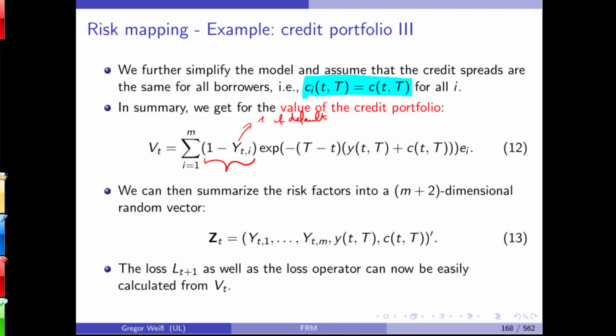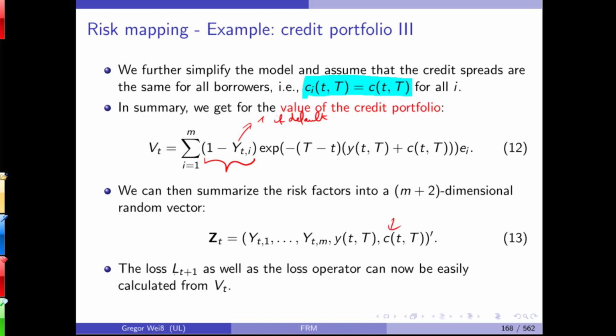And then we can summarize the risk factors into an n plus 2-dimensional random vector. We now have which random factors? The default indicators, aka the default probabilities for all borrowers, the risk-free rate, the yield on the zero coupon risk-free bond, and the unique and equal credit spread that is constant.